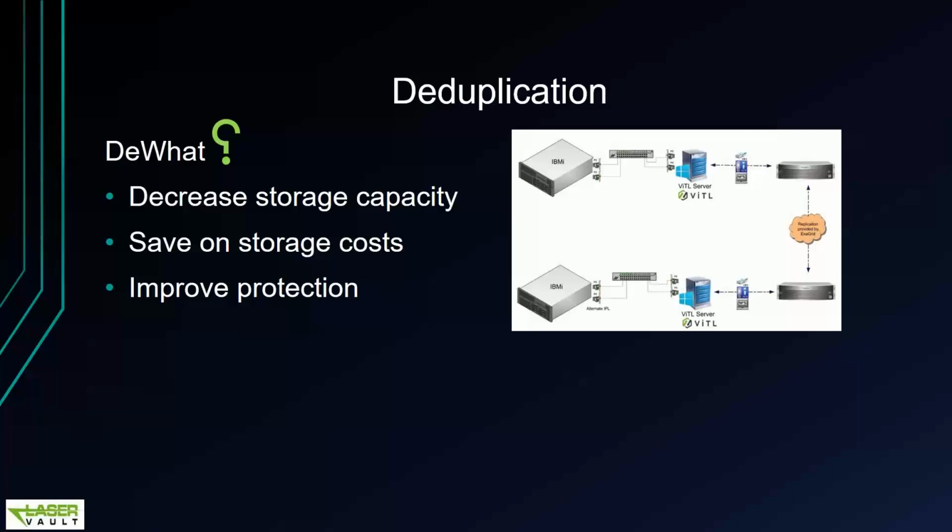Because you can shrink the backups even more than standard tape compression, you can get double, triple, quadruple the compression compared to tape compression with dedupe. It also reduces the amount of data you have to replicate from your production site to your DR site, to cloud storage, or even both.